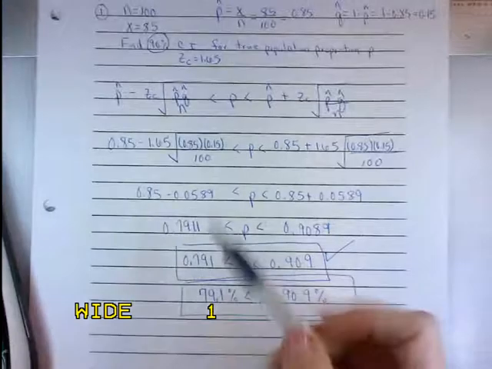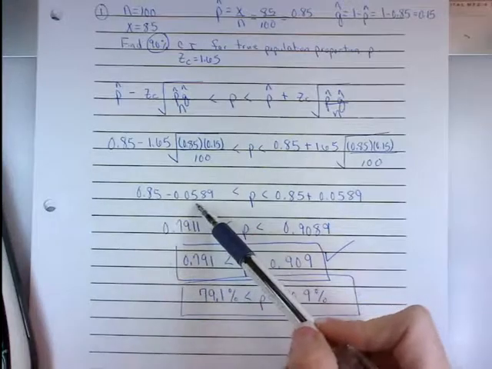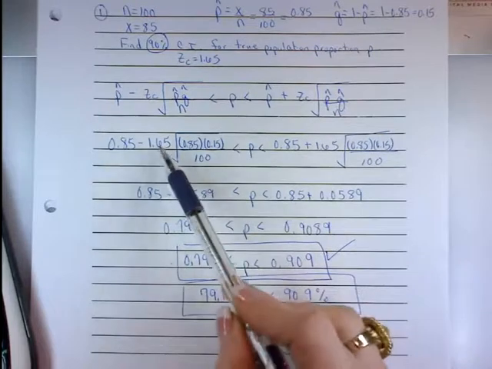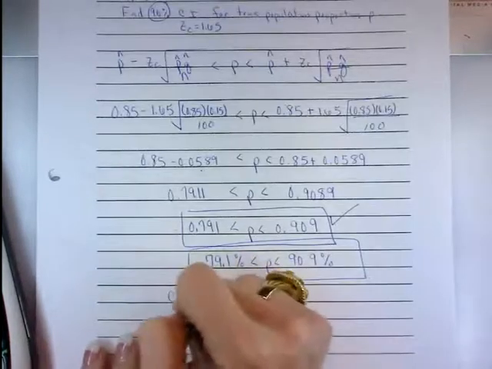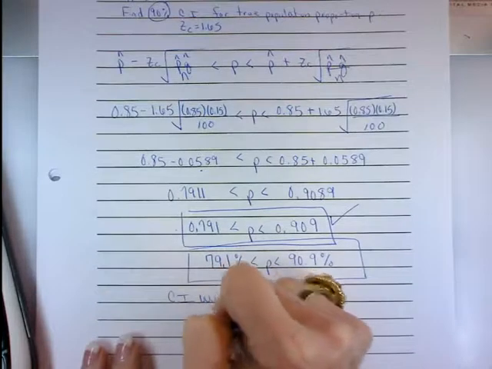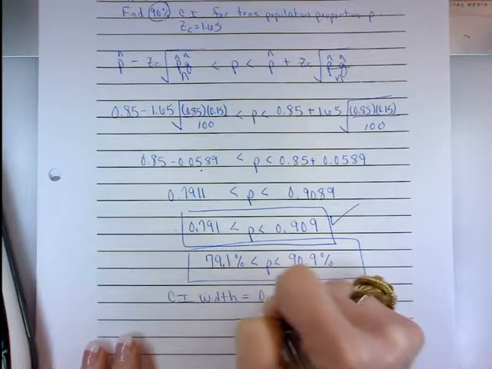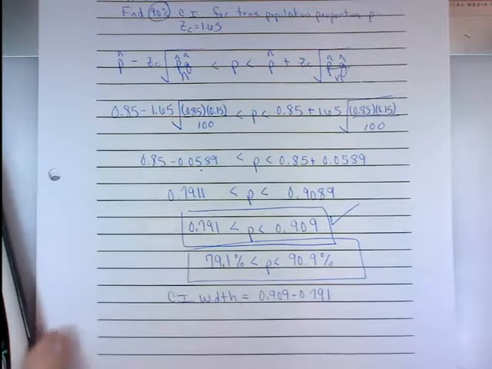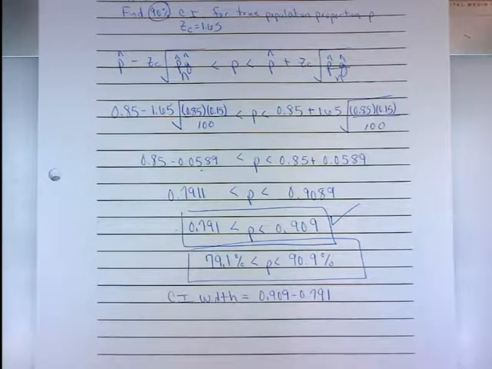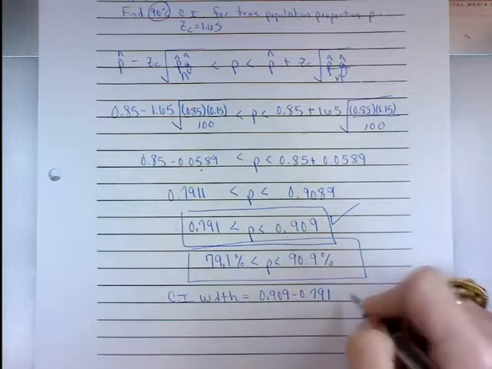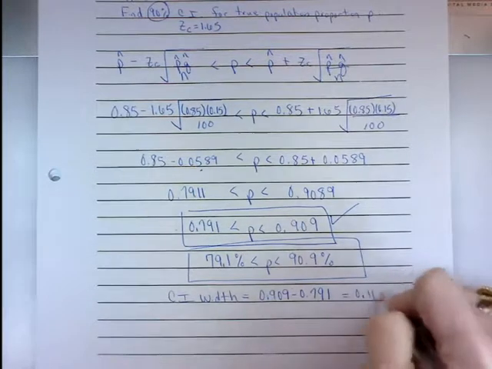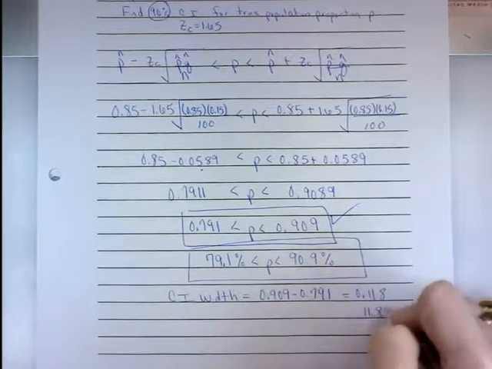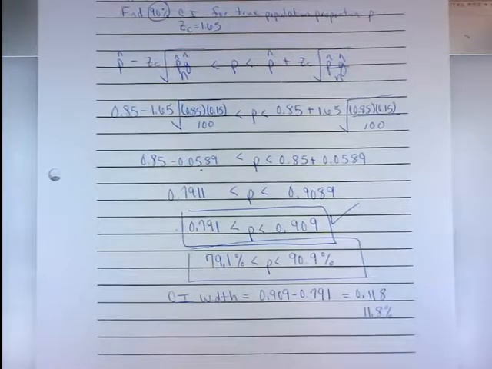Again, keep in mind, for this problem I can ask you for E by itself, I can ask you for the critical value by itself, I can ask you for the final answer, I can ask you for the confidence interval width, and that's 0.909 minus 0.791 as a decimal. And that difference is 0.118, or 11.8%. There's your confidence interval width.